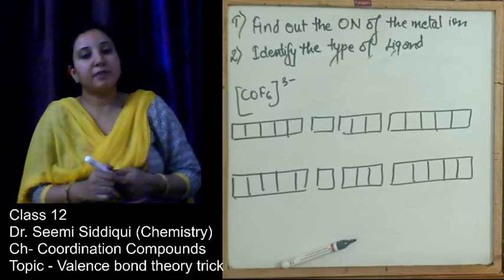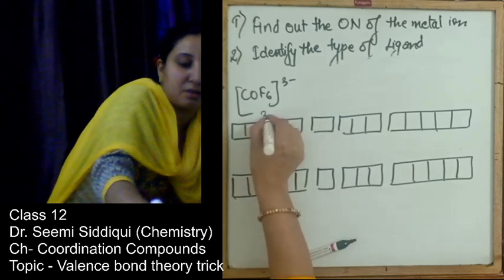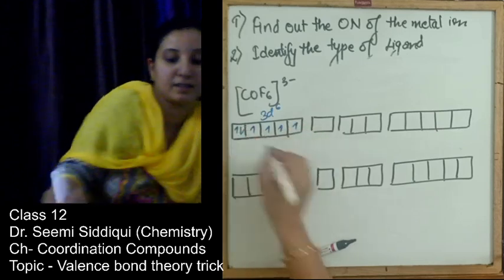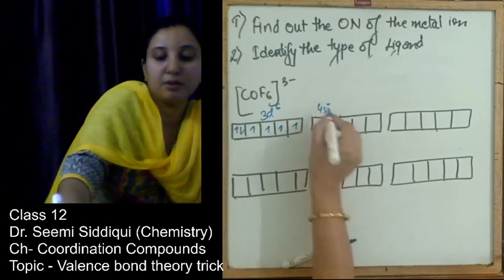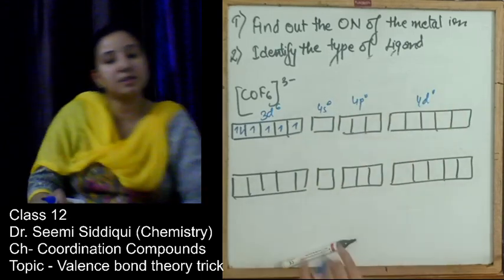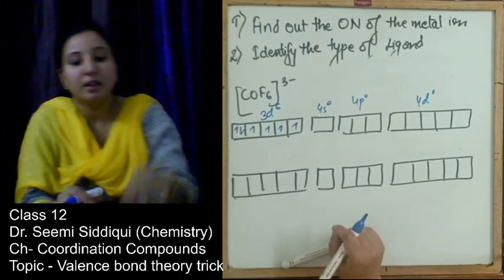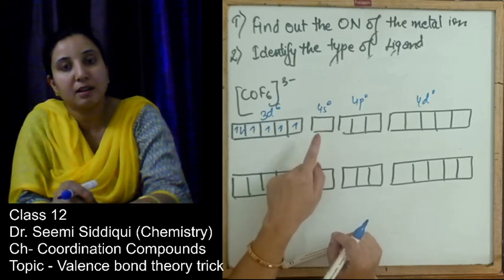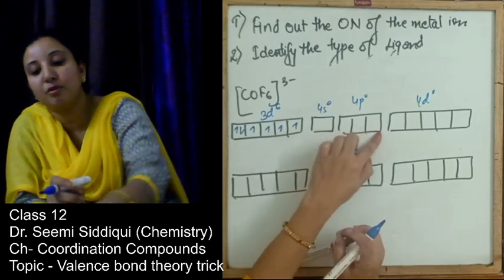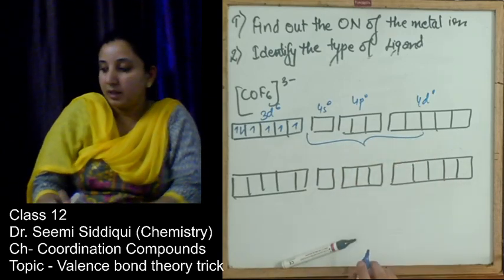Now, let's fill it according to our electronic configuration. 3d6 it was: 1, 2, 3, 4, 5 and 6. And 4s is 0, 4p is 0 and 4d is 0. Now, we have 6 fluorines, so it requires 6 vacant orbitals. So it will be 1, 2, 3, 4, 5, 6.